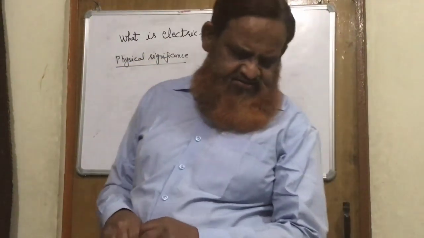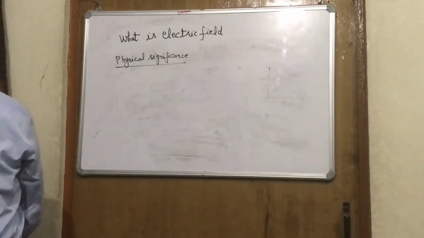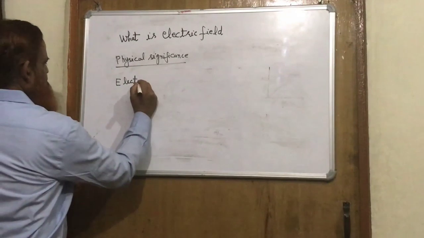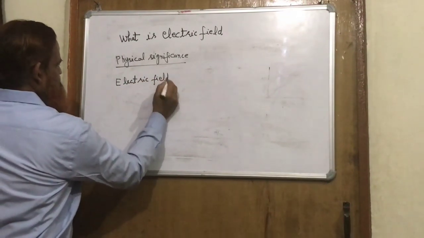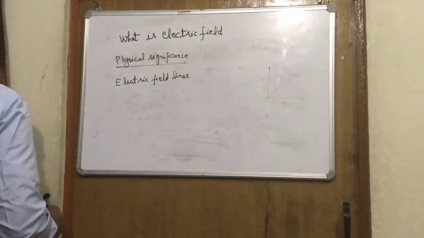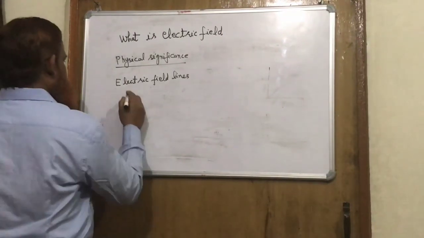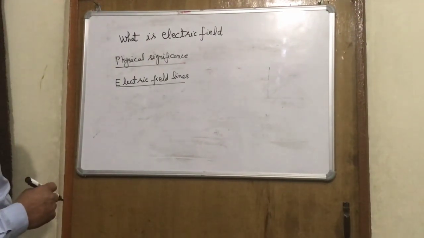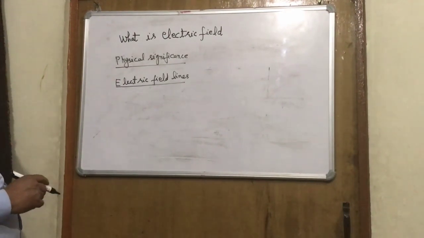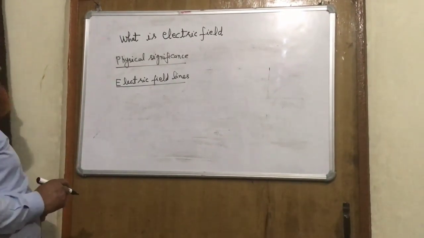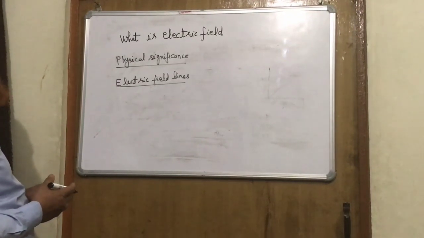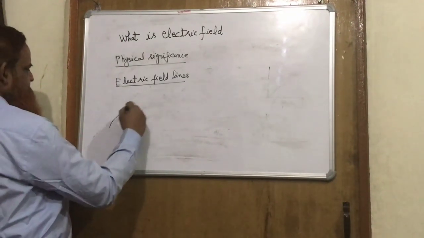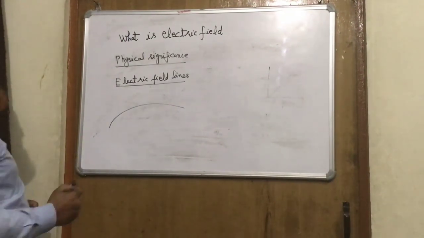Now electric field lines. Electric field lines are hypothetical lines which show graphically the direction of electric field, and the tangent at any point on this line gives the direction of electric field at that point, such as this electric field line.